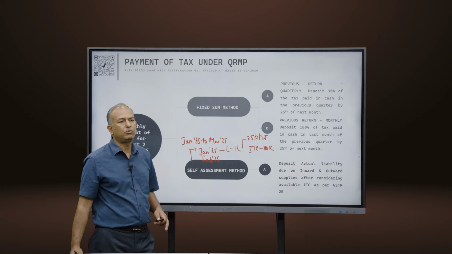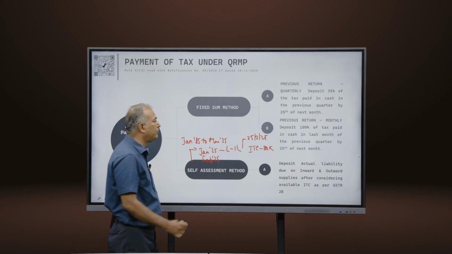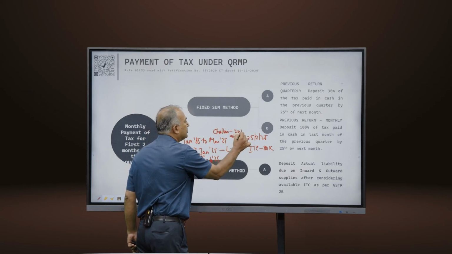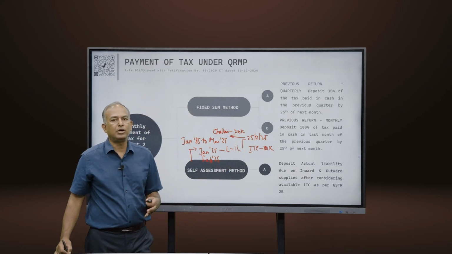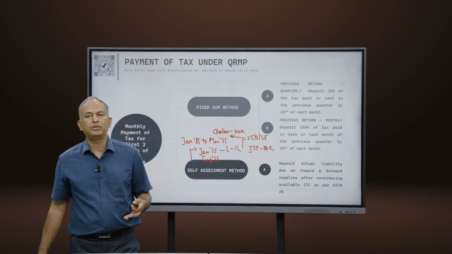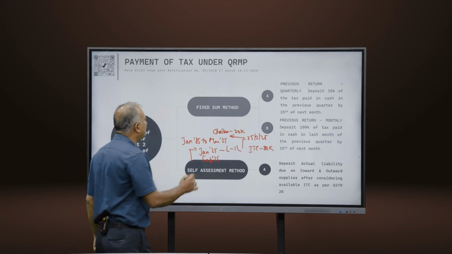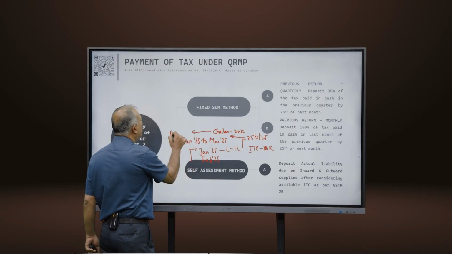That is, he pays into his cash ledger by generating the challan for 20,000 and paying it. When he pays it, it comes into the cash ledger.